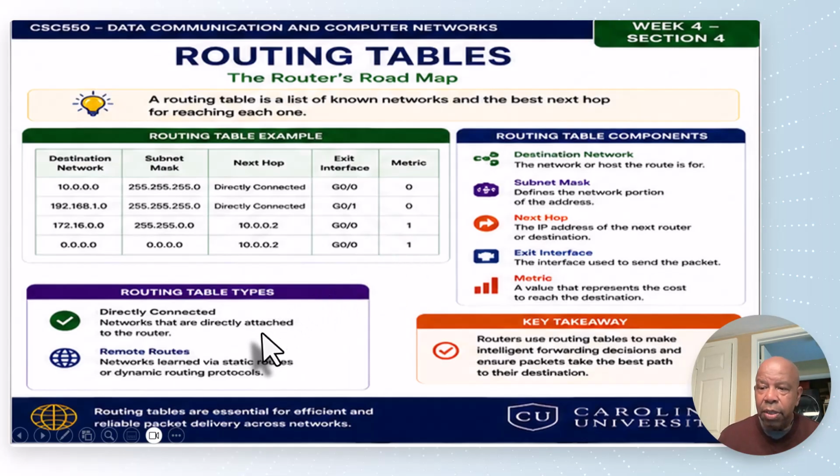Routing table types: we've got directly connected networks and remote networks, and networks learned via static route codes or dynamic routing protocols. The key thing here is that we basically record everywhere we're going, everywhere we need to go.